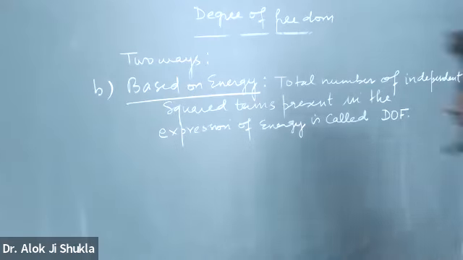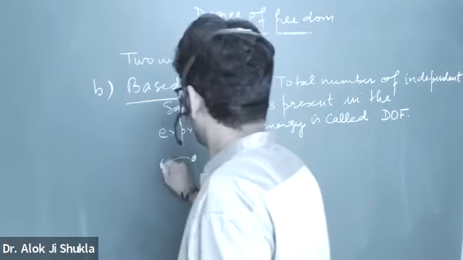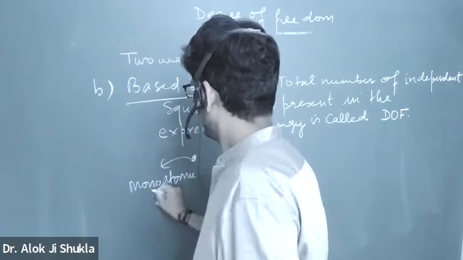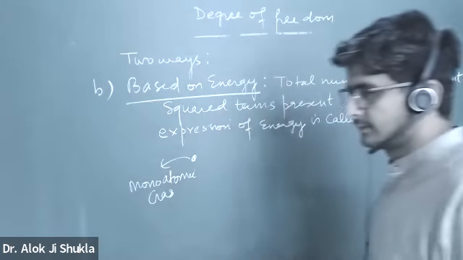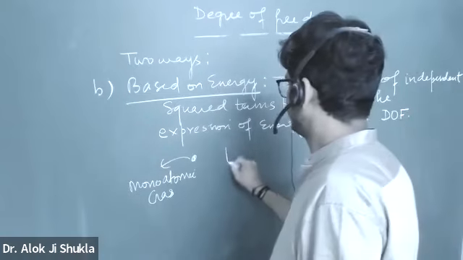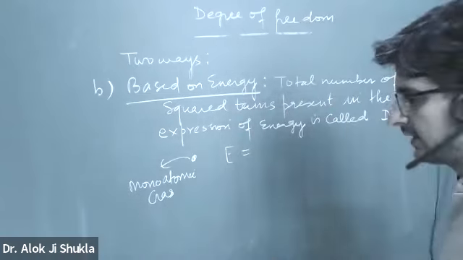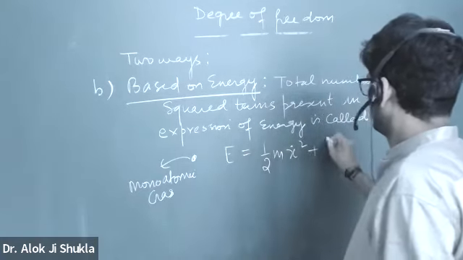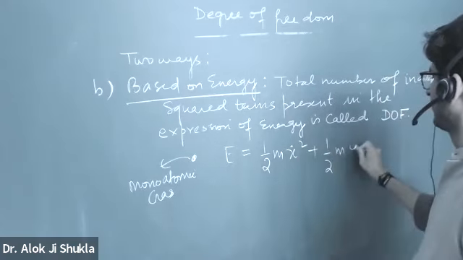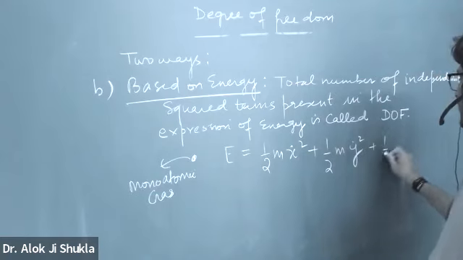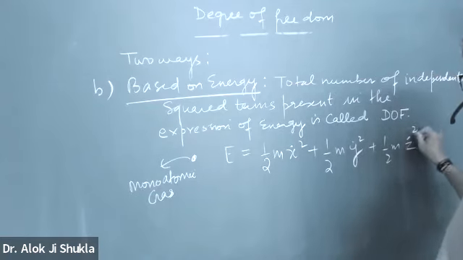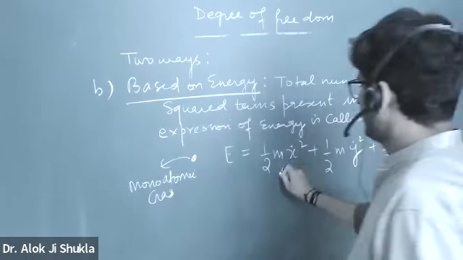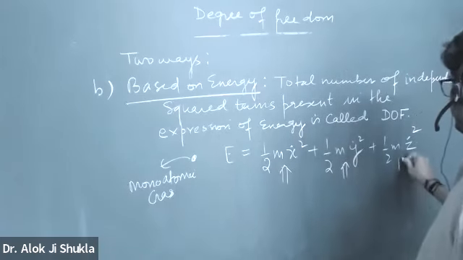So for example, if I take just monoatomic gas, then what will be its energy? It will be only translational, that is half m x dot square plus half m y dot square plus half m z dot square. Okay, so how many terms are there? First square term, second square term, third square term.